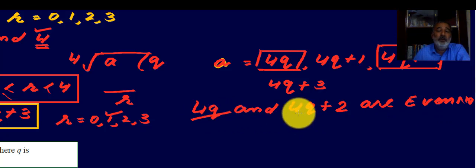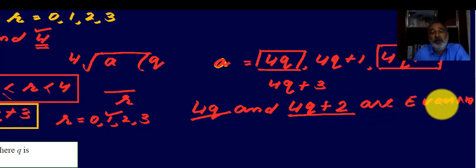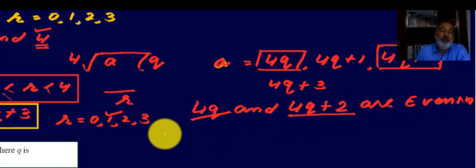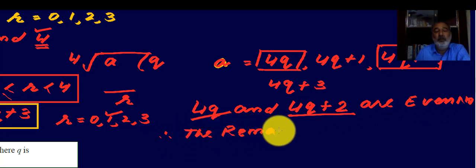Look at this number. Look at this number. These two numbers are exactly divisible by 2. That's why they are even. Therefore, the remaining numbers, what are remaining numbers here?